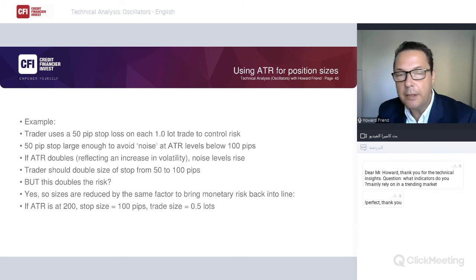If the ATR doubles, reflecting a doubling in volatility, then one should double the size of the stop but halve the size of the position. So doubling the size of the stop to reflect the higher volatility, but halving the size of the position to equalize the dollar risk.